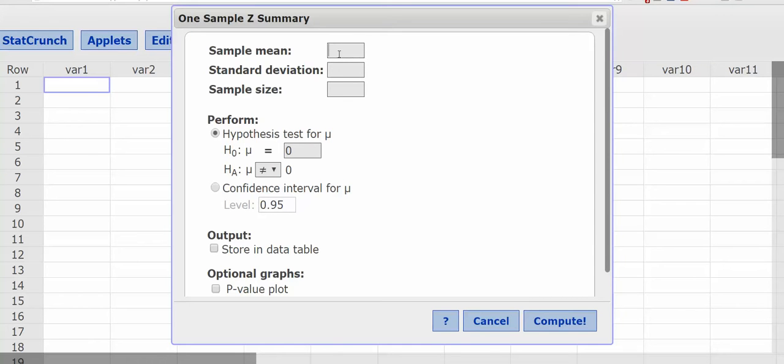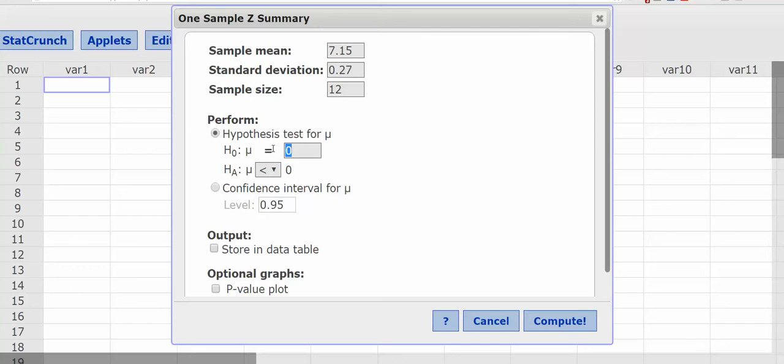So our sample mean was given as 7.15. The standard deviation was given as 0.27, and the sample size was 12. Now we're going to perform a hypothesis test for the mean, and we knew from the claim that the alternative hypothesis was less than 7.25.